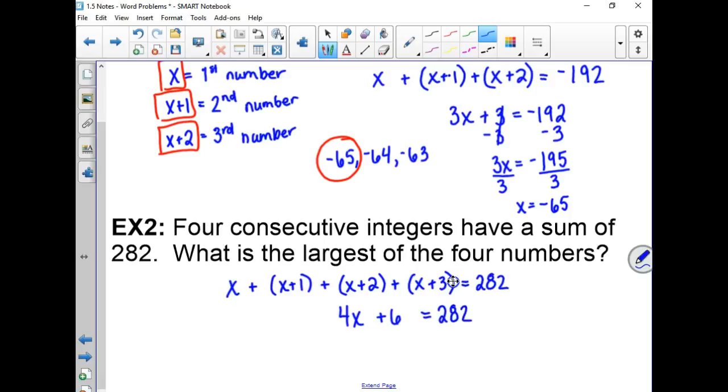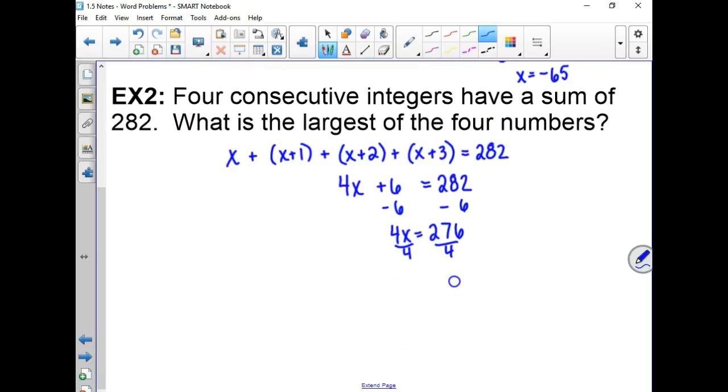So this step, we've just got a two-step equation, so we're going to subtract the 6 here. We get 4x equals 276, and then we'll divide by 4, and 276 divided by 4 is 69.